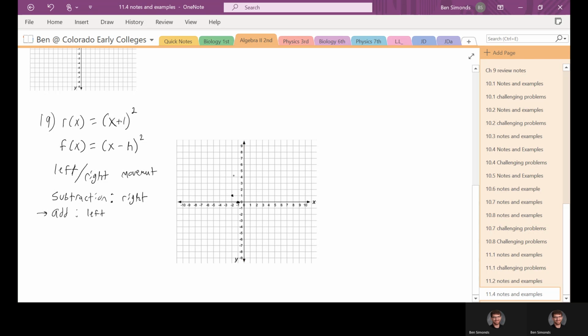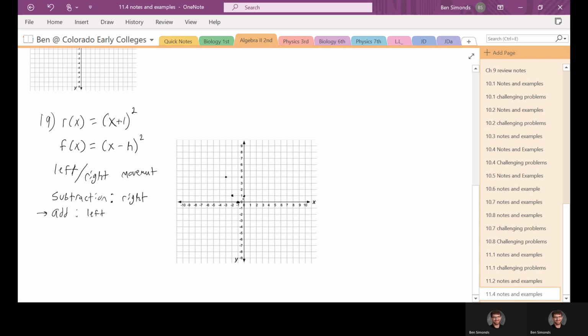So all of our normal numbers, we move 1 to the left. We usually have positive 1, 1, so let's move that to the left by 1, because it's x plus 1 here. If this was x plus 3, we'd move to the left by 3.